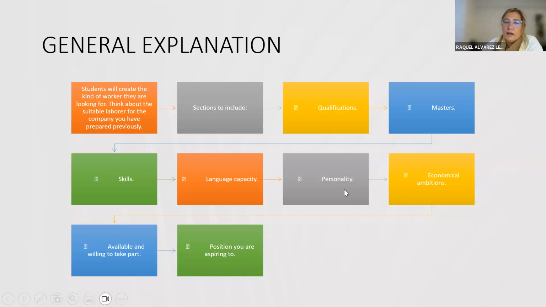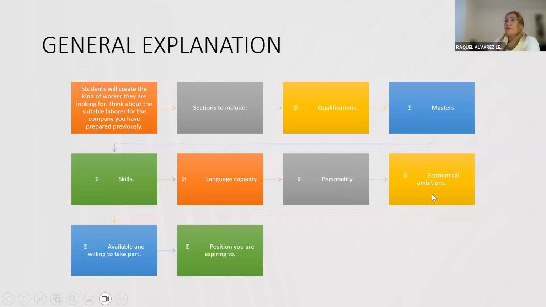Also, you can include in these profiles the kind of personality you want. For example, perhaps you want someone very energetic, someone who is able to make decisions, someone who is able to manage other people. Or perhaps you need only someone who is able to follow instructions and do it very well.